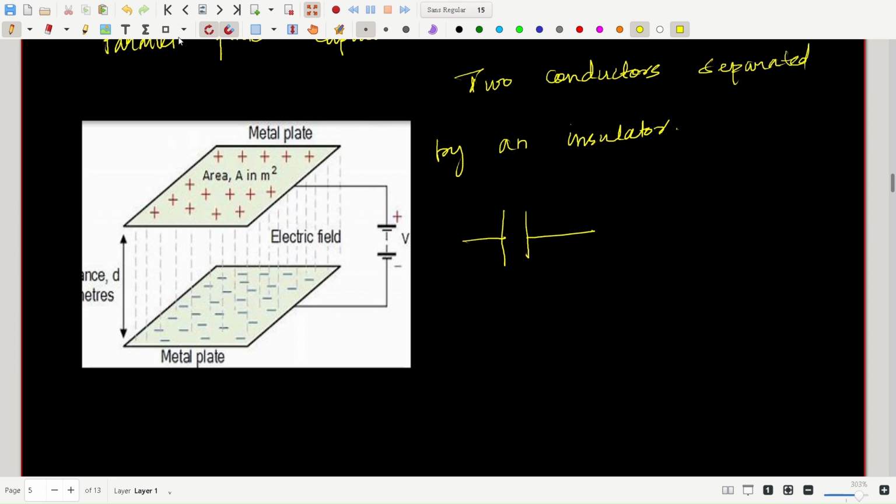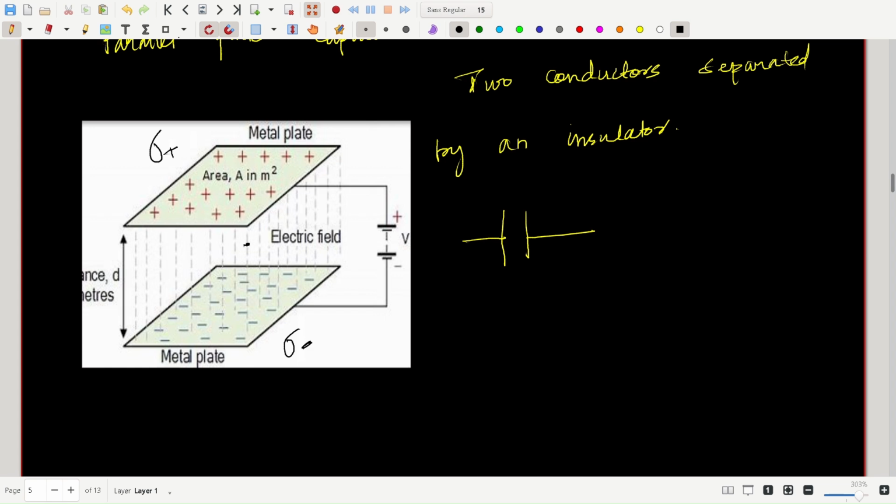Now generally we denote a capacitor by this symbol. As you can observe, one of the metallic plates is positively charged, so its charge density can be denoted as sigma plus, and the other metallic plate is negatively charged, so it is represented by sigma minus. This is the charge distribution of the plates.